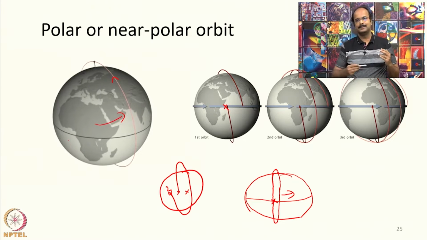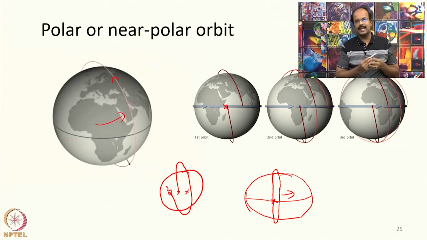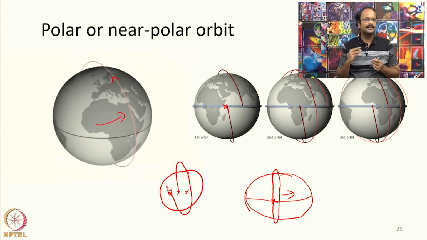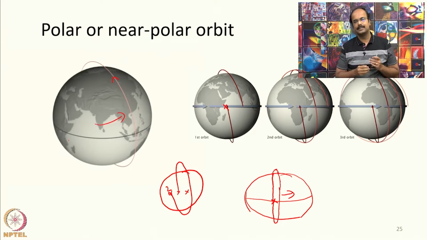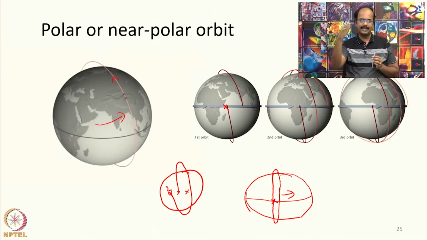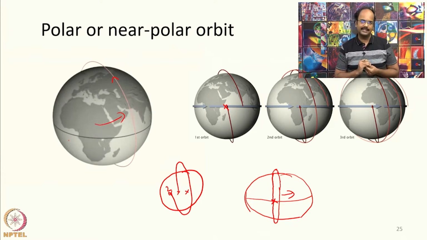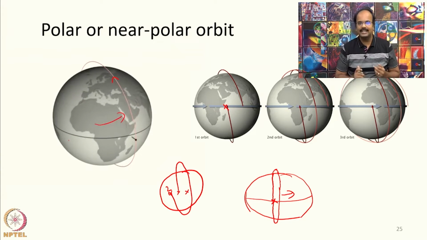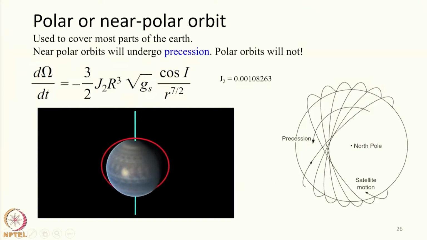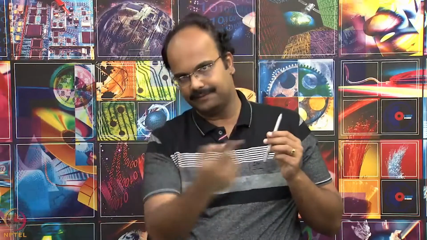But if a satellite is placed at any angle other than 0 degree inclination, that is, away from the equator, the orbit will undergo precession. What exactly is precession? Similar to Earth rotating around itself, the orbit also will move around itself.